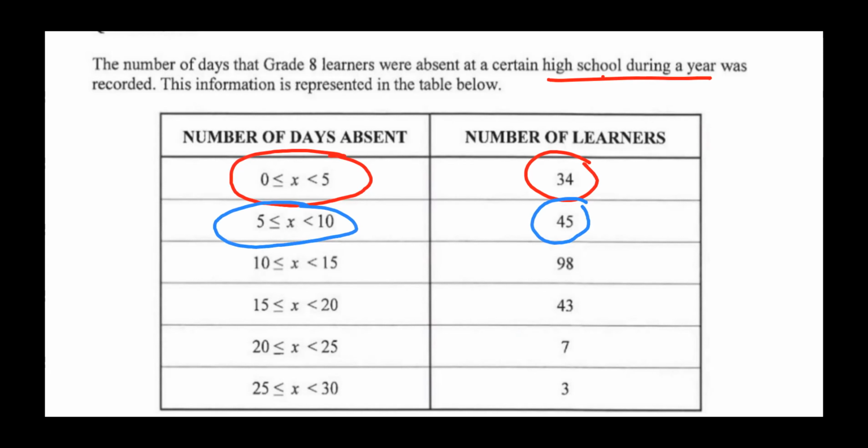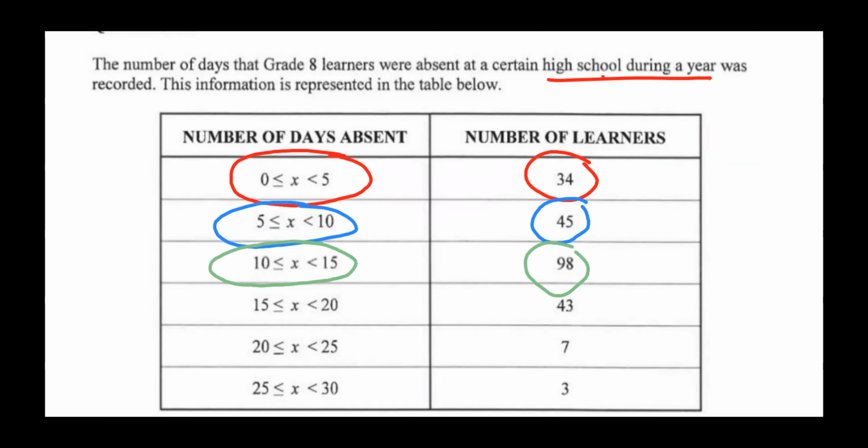And then 98 learners, this is a very bad school. Or maybe is it just me that went every day to school? 98 learners were absent for between 10 to 15 days.